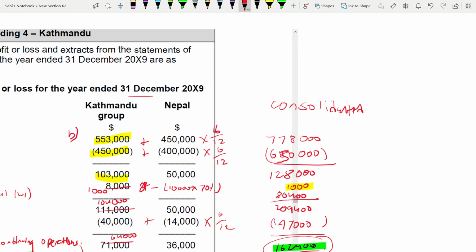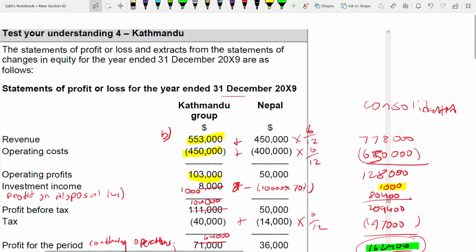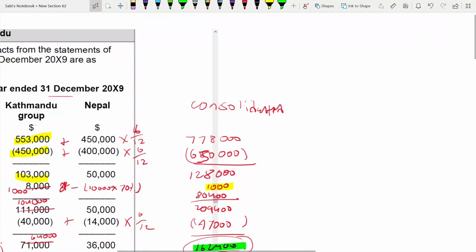Except what? Now you will have an income from associate as well. Okay, because now you're an associate. It's a partial disposal. So you have to add one more line, which is income from associate before profit on disposal. Okay, I'll write it here somewhere.